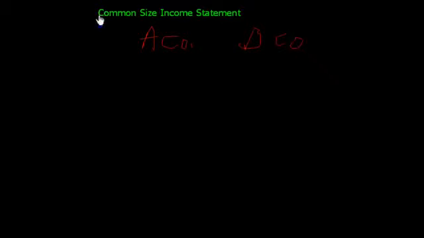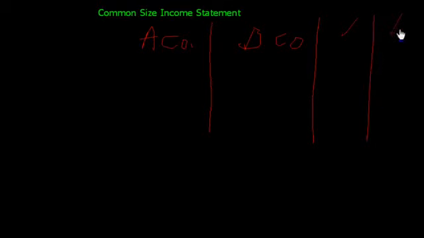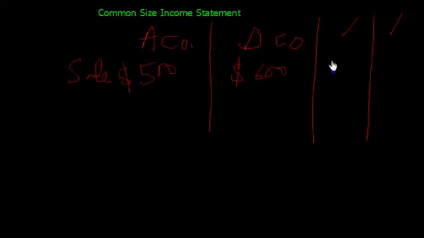We are interested in which company earned more profit, so we make the income statement of A company and the income statement of B company, and then we convert it in percentage form on the basis of sale, but we write here 100% and 100% so that we can compare it more easily.